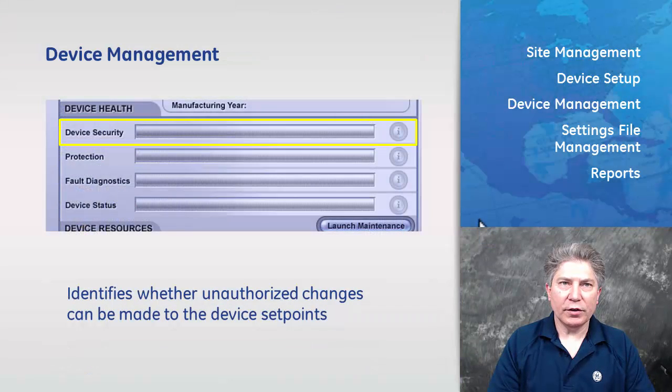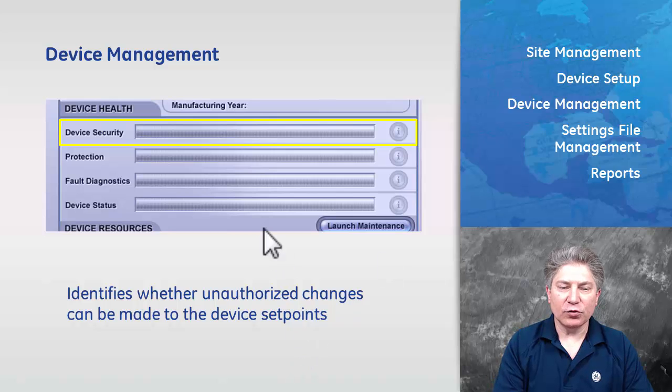The device security health indicator identifies whether unauthorized changes can be made to the device set points. Typically, there's two items that are considered: the password protection and set point lockout switch. As not all devices use these two security features, the actual logic will vary between device types. So the standard logic is as follows.